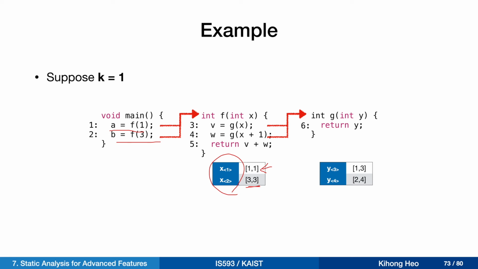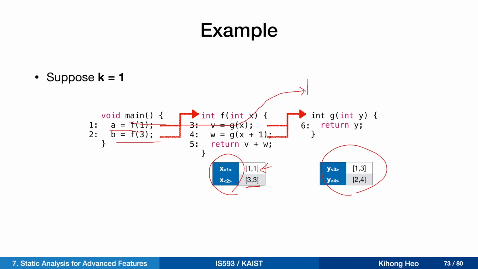But see the abstract memory in function g here, because it forgets the context beyond length k, right? So the abstract memories are merged together. Here, as you can see, there are two memories through call contexts 1, 2, 3.